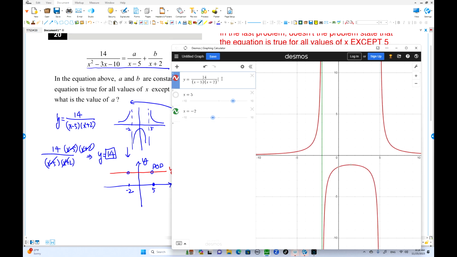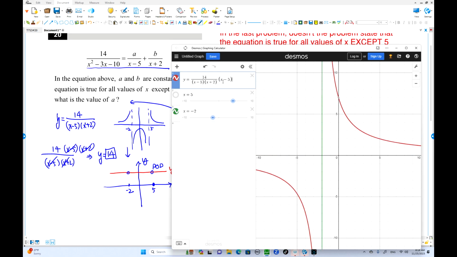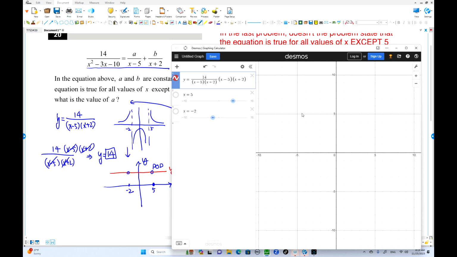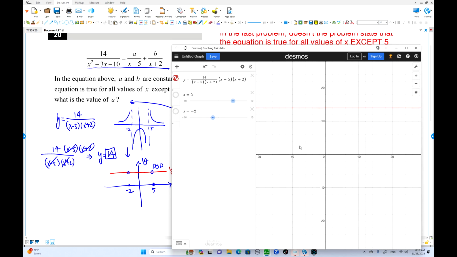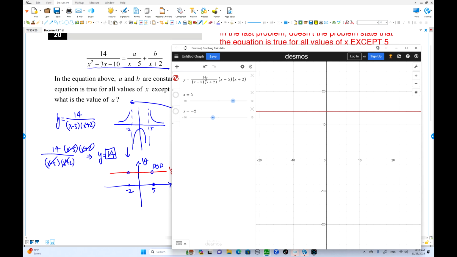And after you multiply by x minus 5 and x plus 2, this is the graph over here. y equals 14, right?